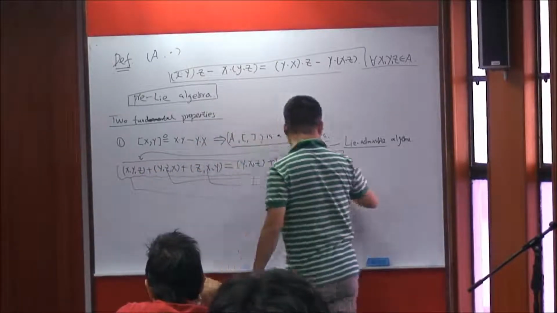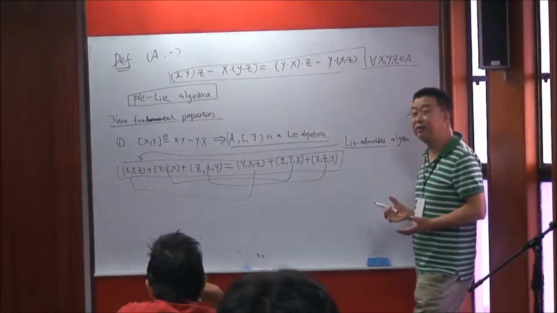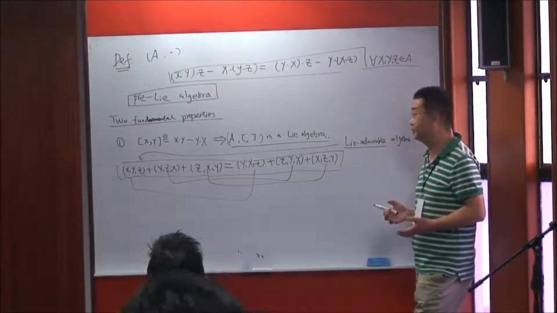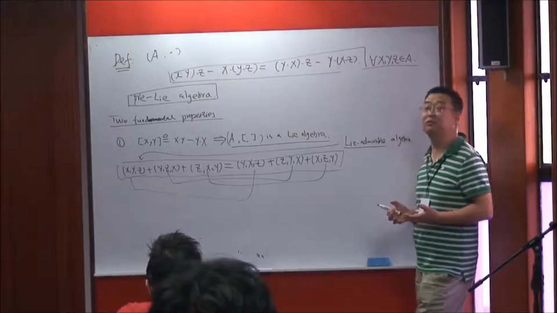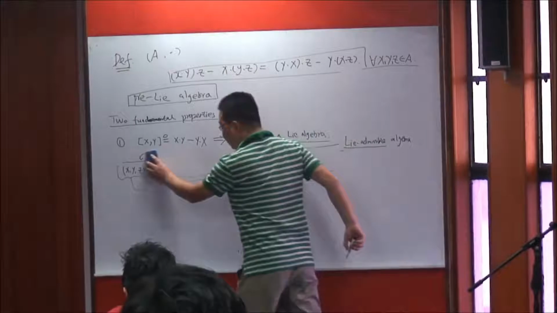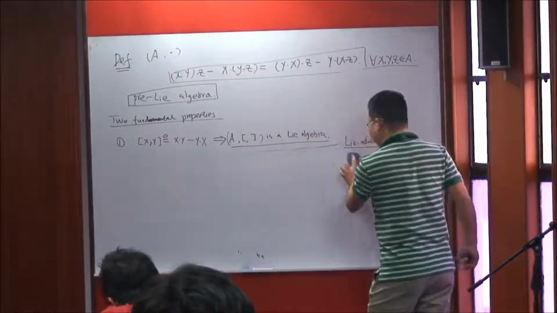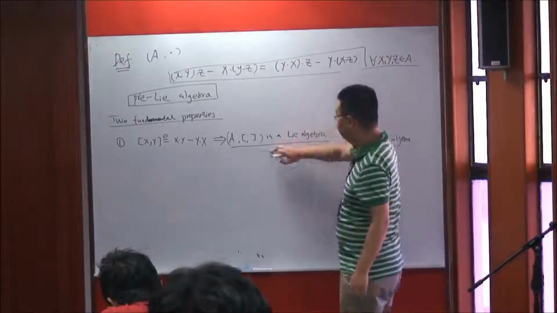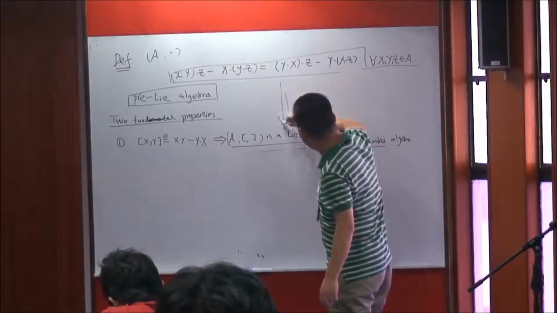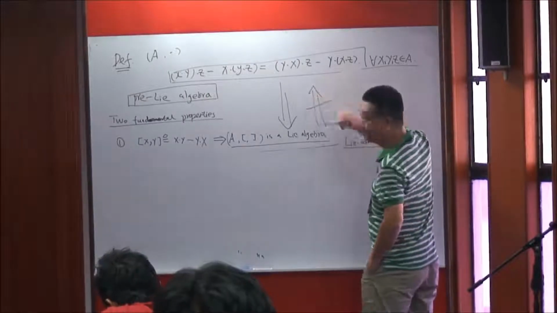So in this sense, it's a very special Lie-admissible algebra. Whether every Lie-admissible algebra is pre-Lie, the answer is no, because for pre-Lie, only the commutator being a Lie algebra is not enough. They have another property. This implies that one, but the converse is not right.